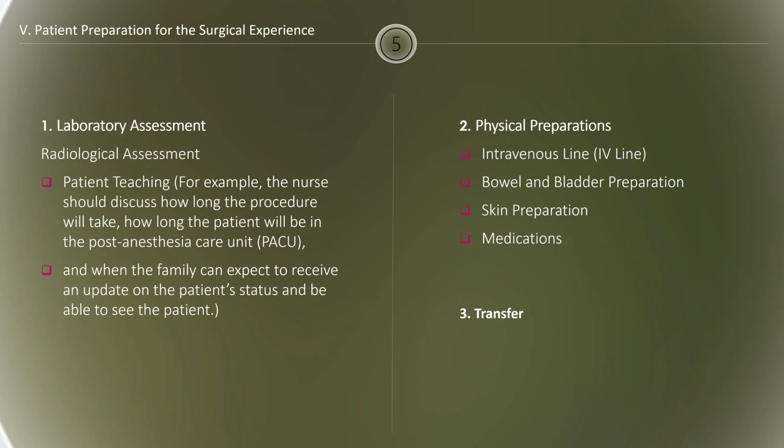The checklist before transfer to intraoperative care is the following: 1. Patient identification confirmed. 2. Physical preparation complete. 3. NPO status confirmed. 4. Medical history, admission, vital signs, labs documented. 5.